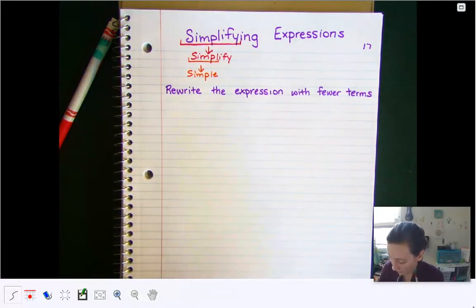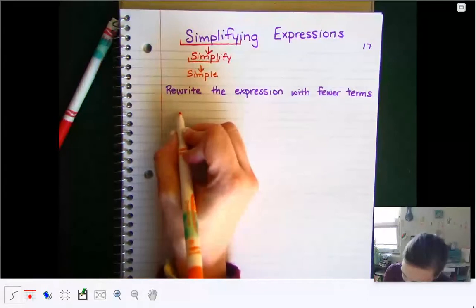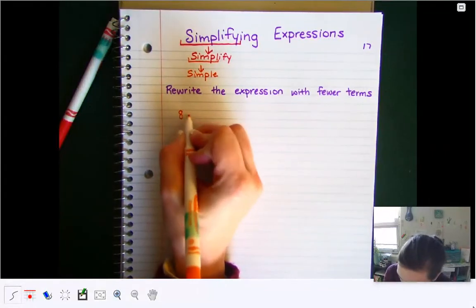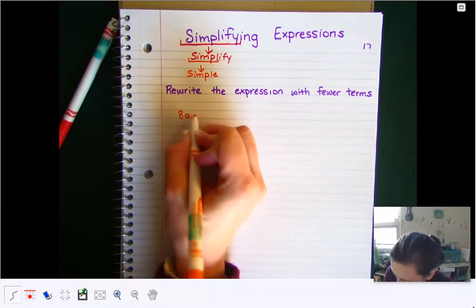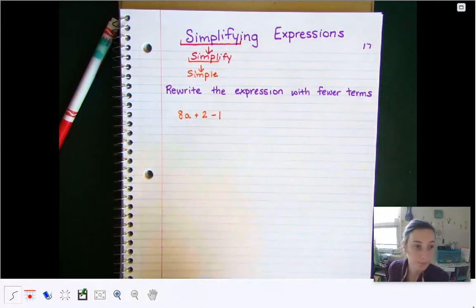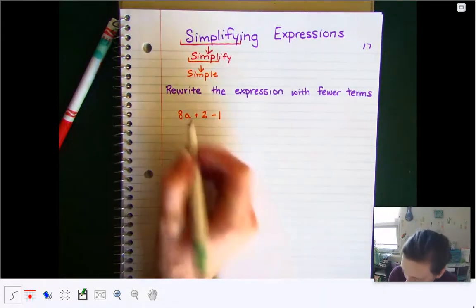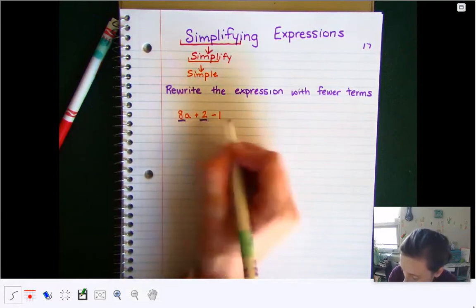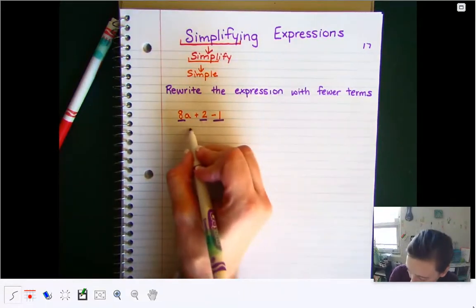Let's say we have 8a plus 2 minus 1. Right now we have 1, 2, 3 terms.